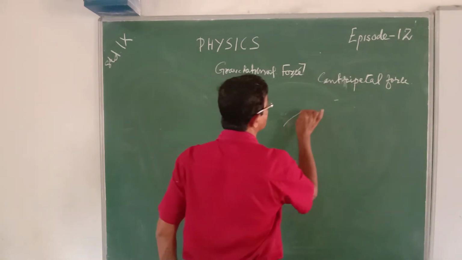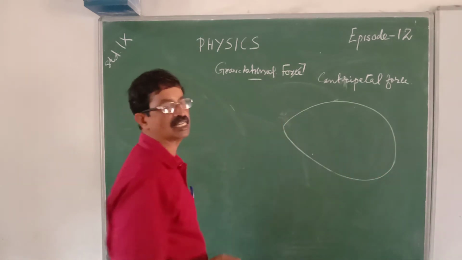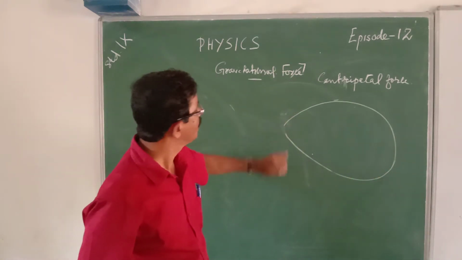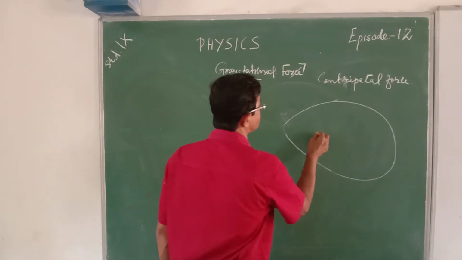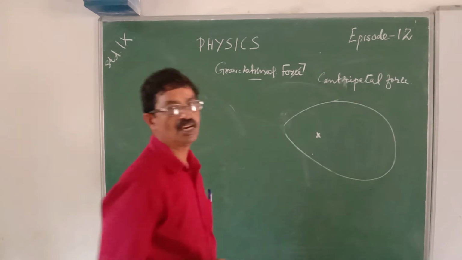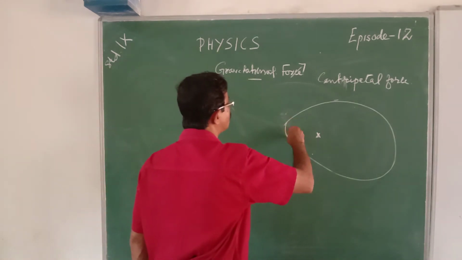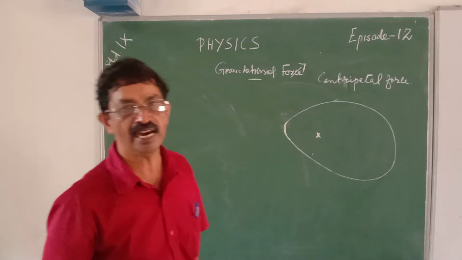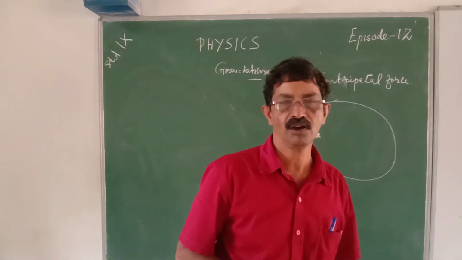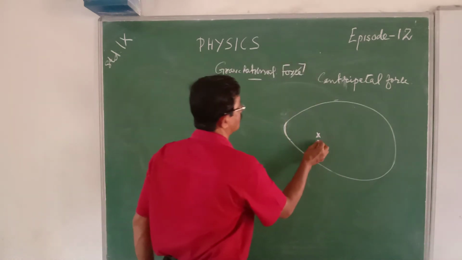That means in this way, a long circle is the ellipse, an elliptical orbit with the sun at one of its foci. How do the planets move around the sun? In an elliptical orbit, with the sun at one of its foci.